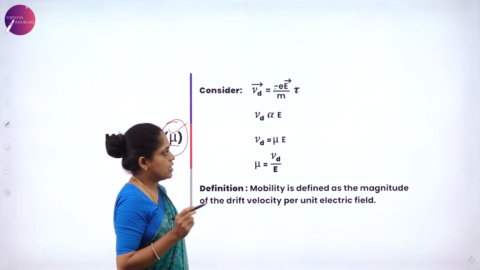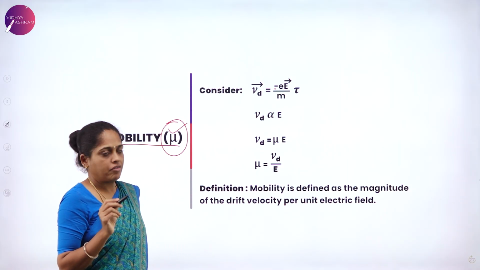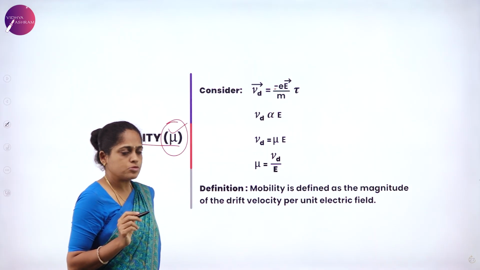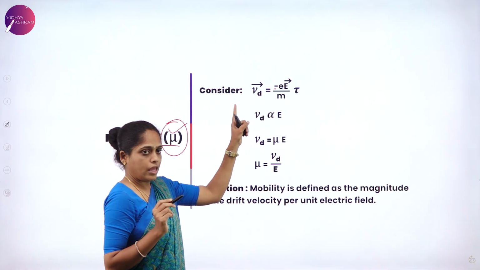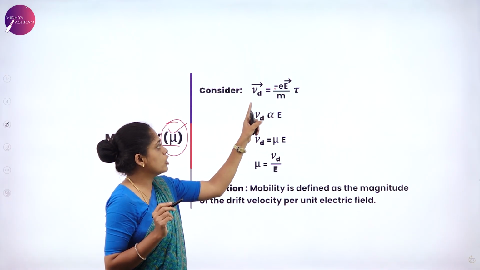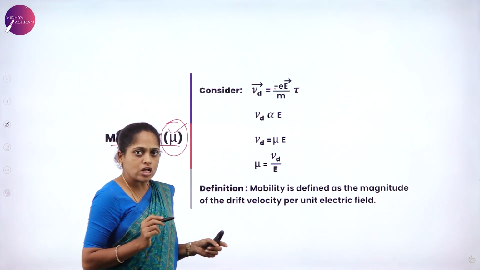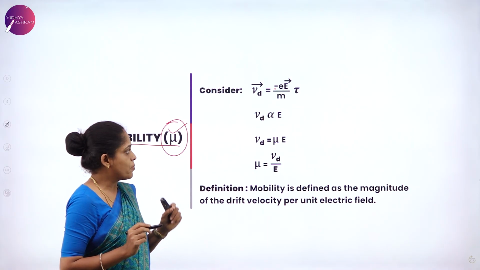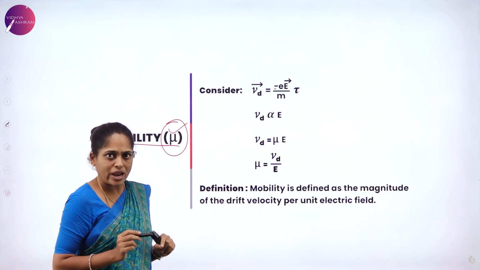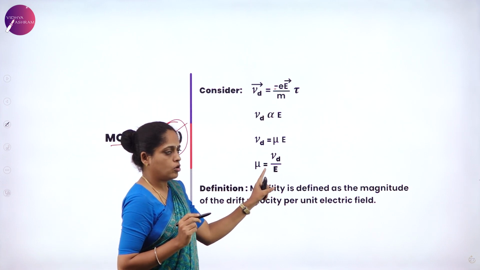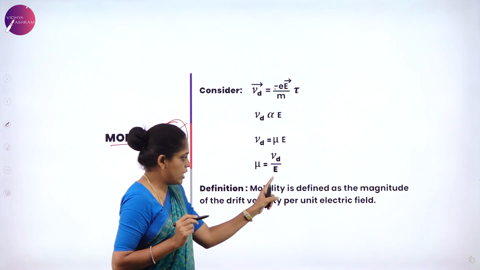The only variable is the electric field. So, all these constants are replaced by a proportionality. Then Vd is proportional to the electric field. Now, that proportionality constant is replaced by mu, which is known as mobility. Therefore, mu is equal to Vd by E.